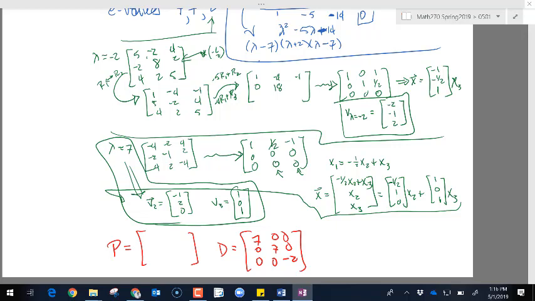I probably want to put one of these two vectors first, because this is 7, right?